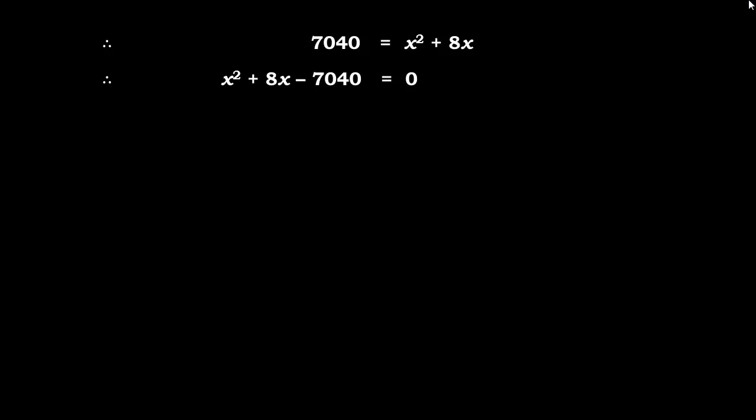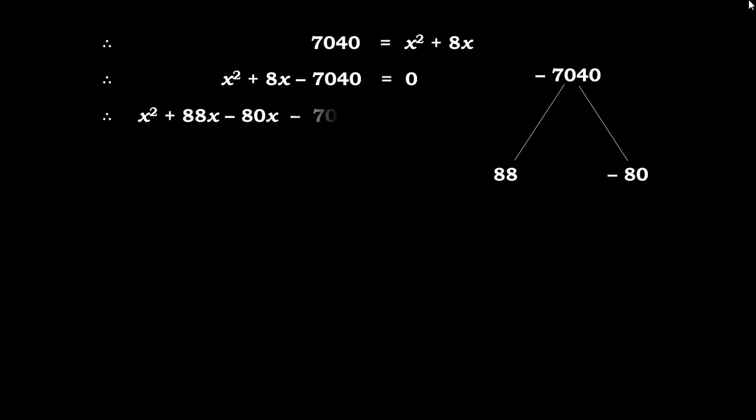So we can factorize this: minus 7040 so that the sum will become plus 8. And the factors are 88 and minus 80. So x square plus 88x minus 80x minus 7040 is equal to 0.